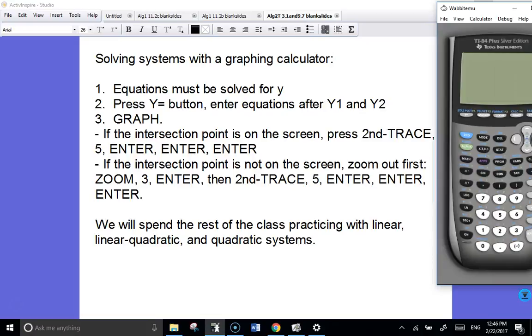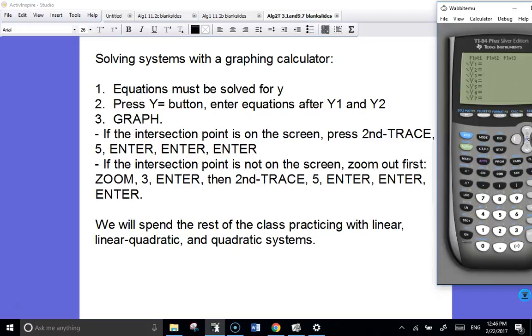You have to solve them for y first. So you go to y equals, turn it on, go to y equals, and if there are just 2 equations, you put the first equation on the y1 line and the second equation on the y2 line.